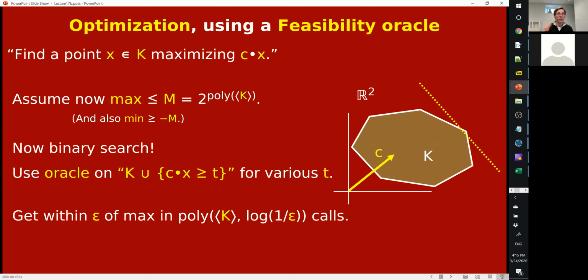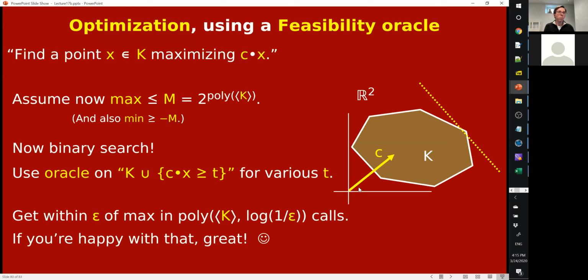Which is really great. You have this super fast, quadratic convergence. You're getting an extremely accurate answer for the optimum possible value of c dot x, and you can use search to find a point x in K which achieves this near max value.